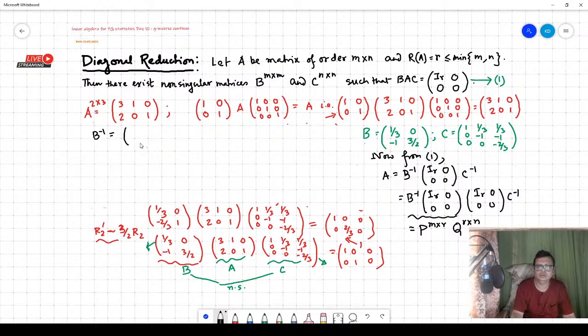So B inverse is 3, then this is 2 by 3, minus 2, 0. Am I right?